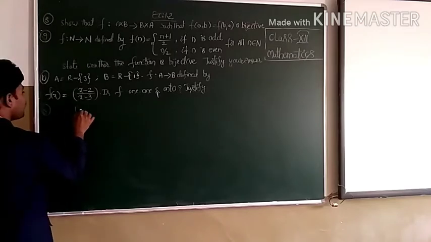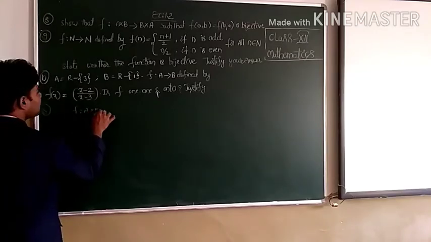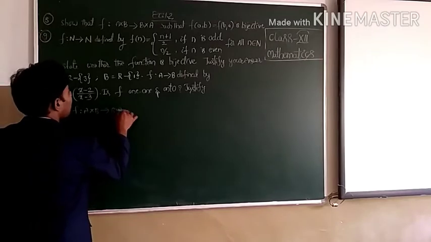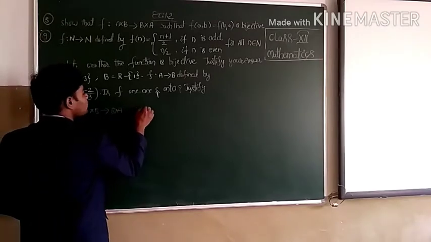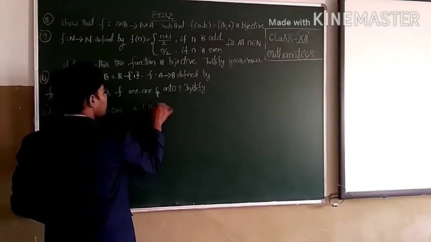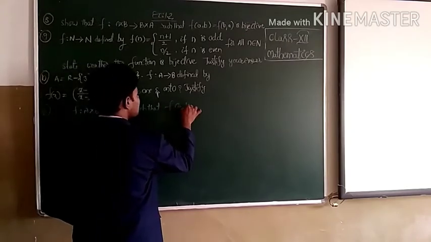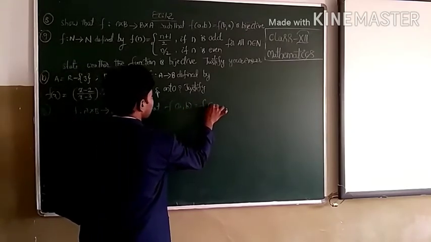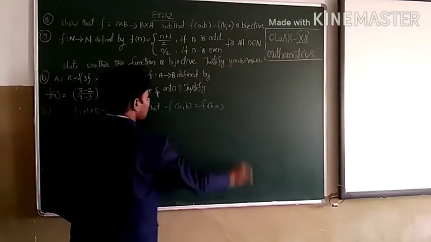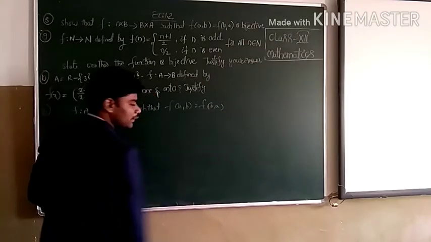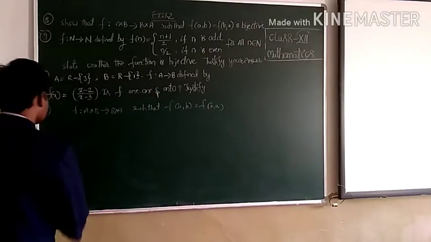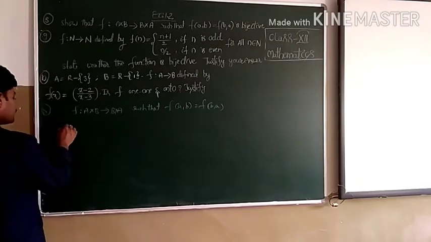So the given function f is A cross B to B cross A such that f(A, B) = f(B, A). This is the given thing. So we have to prove that this is a bijective function. Let's see the one-one function here.